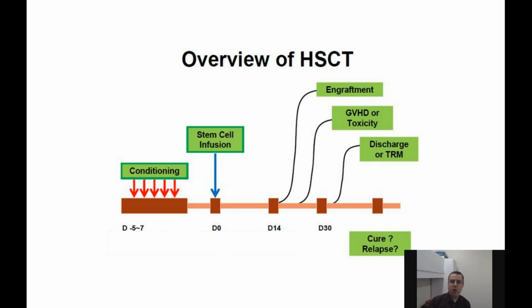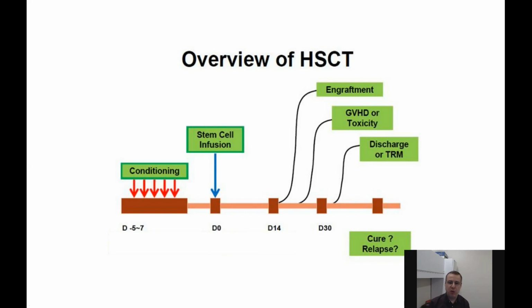So this is a brief overview of what it is that we do in allogeneic stem cell transplantation. Allogeneic transplant is reserved mostly for malignant hematological diseases. However, also for some benign hematological diseases as well, such as aplastic anemia.